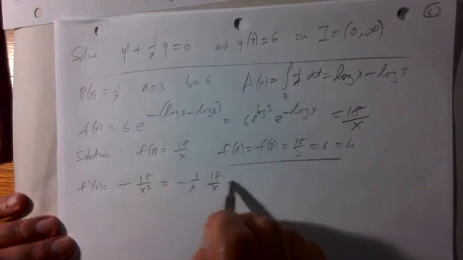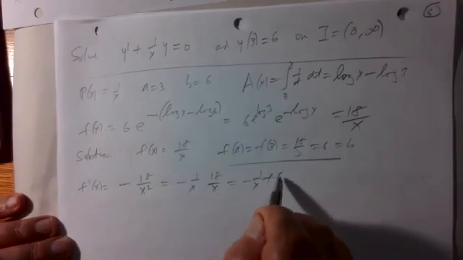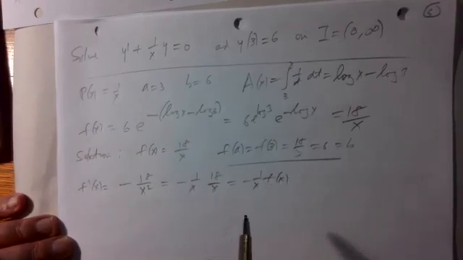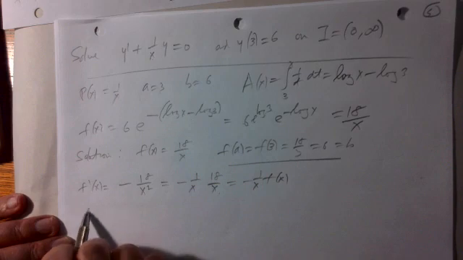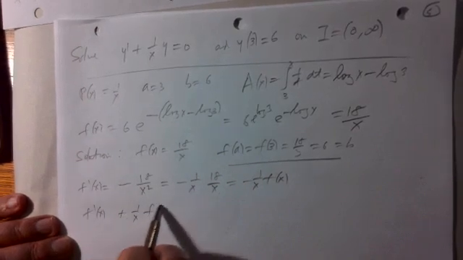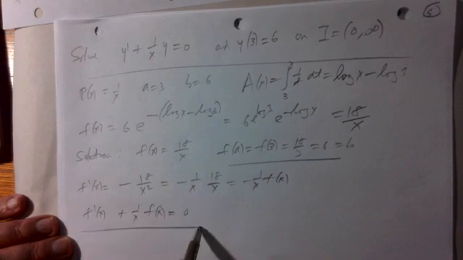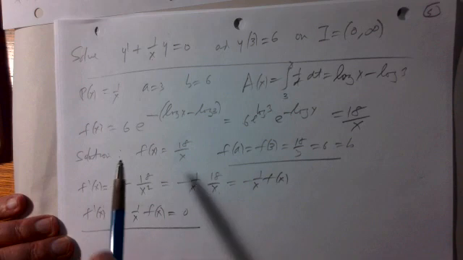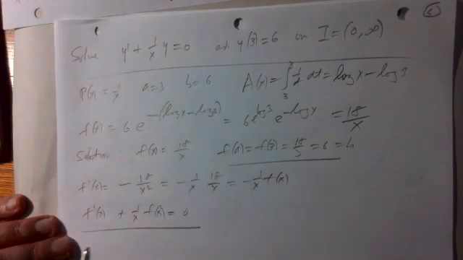And 18 over x is f of x. If I bring this to the other side, f prime of x plus 1 over x, f of x, is equal to 0. So for that y equal f of x, y prime plus 1 over x times y is 0. So it checks.